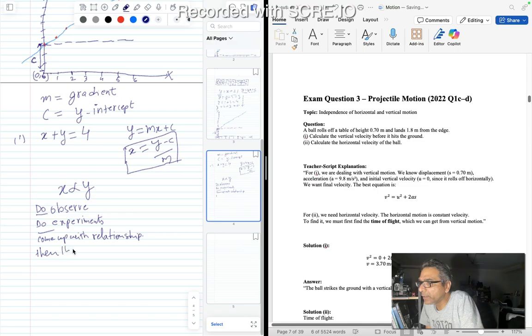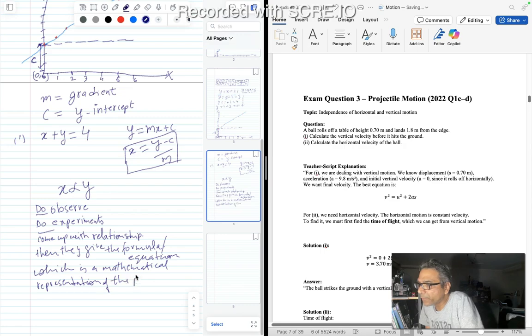Then they give the formula. Formula, you can say formula or equation, which is a mathematical representation of the physical activity.